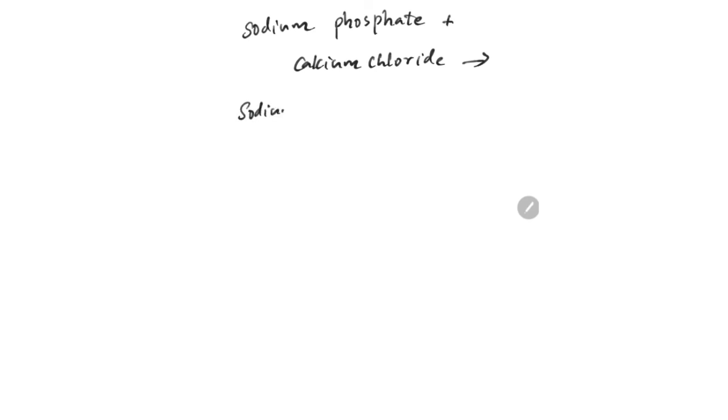I'll give you one more example. Sodium phosphate plus calcium chloride gives sodium chloride plus calcium phosphate. So in this case, first you have to write down the formula.